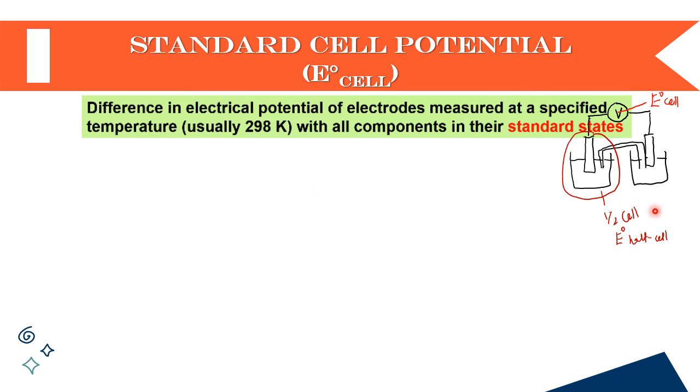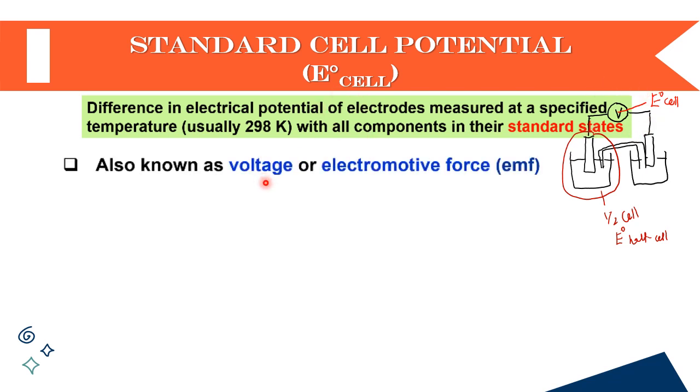Each half cell has its own value, and the difference between the two half cells will be recorded over here. Let's say the first half cell is negative 2.5, the second half cell is negative 1.1 volt. So the difference between the two half cells will be recorded in the voltmeter.